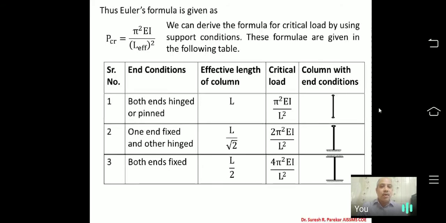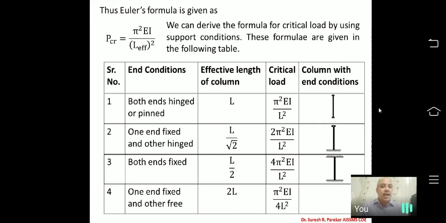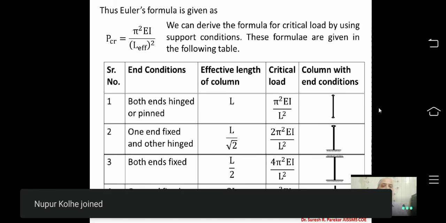And fourth, when you have one end fixed, you can see here both ends fixed, we have column. Now the last condition, we have one end fixed and the other free, we have 2L. And we will get this formula as pi square EI upon 4L square. So you can have this diagram, one end fixed, other free. That we are going to call cantilever when we talk about beams.